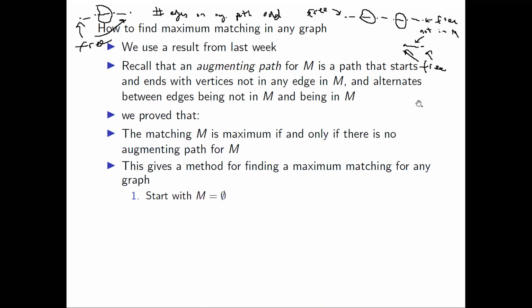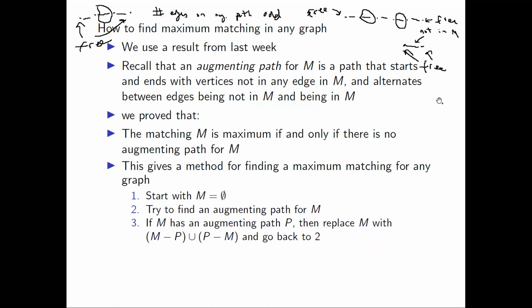So here's how our algorithm is going to start. We're going to start just with an empty matching, so no edges in the matching. And then we're going to try to find an augmenting path for this matching. If the matching has an augmenting path, in other words, by Berge's lemma, that's true if and only if the matching is not maximum.